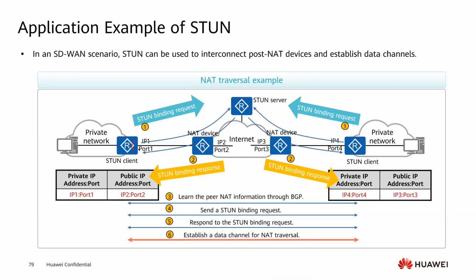now the STUN client knows that this IP4 STUN client has a public IP endpoint. So I will use this public IP endpoint and send to here, and this device will send back to STUN. Now the STUN client can communicate with another STUN client. It works this way. So this is NAT traversal.